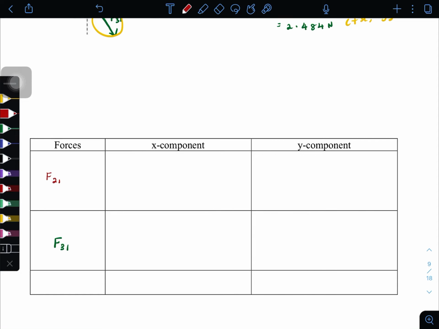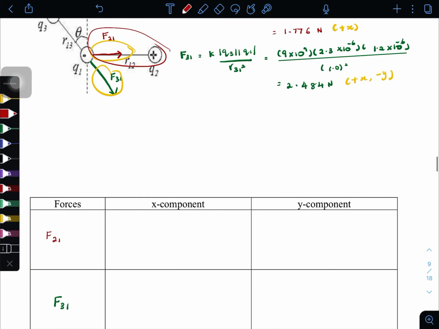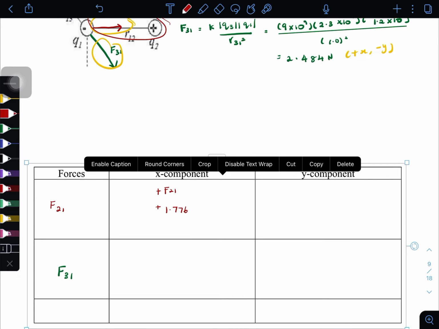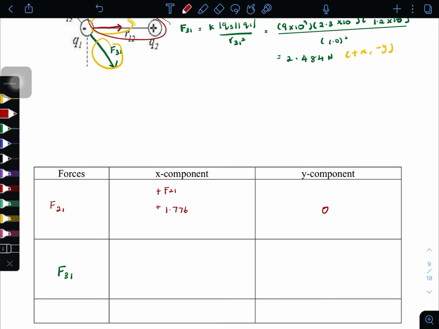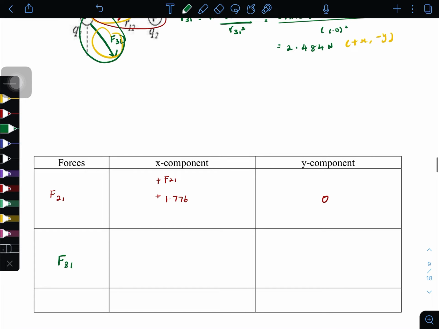So F21 dia berada di sini, positive X, so positive F21 is positive 1.776, dan dia tidak mempunyai Y component, so Y component equals to 0. Okay, but for F31 dia berada di sini, both X and Y. So F31 kita akan ada 2.484.